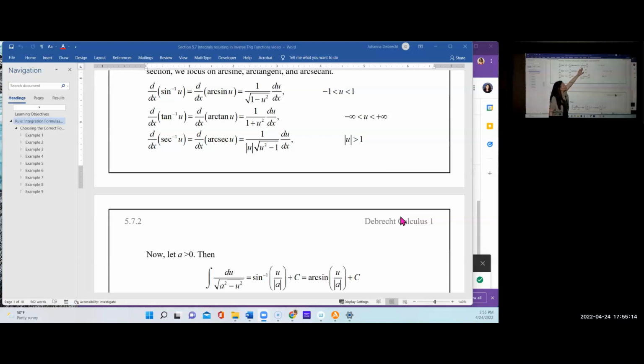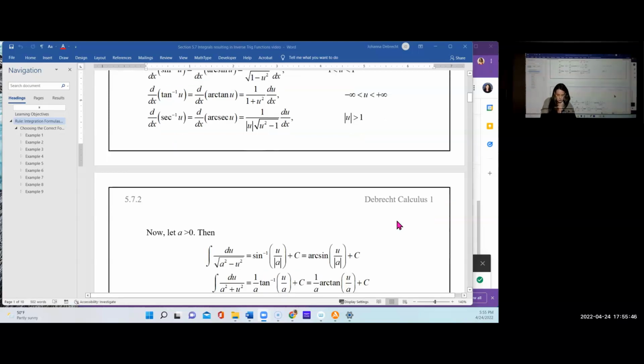The difference is the derivative formula has a 1 minus u squared, and the integral formula has a squared minus u squared. Now, a squared cannot be the variable because the differential is du, which indicates that u is the variable. That makes a squared a constant term. And this will give us the arcsine of u divided by the absolute value of a plus the constant of integration, that family of functions.